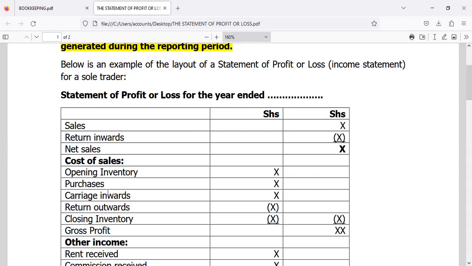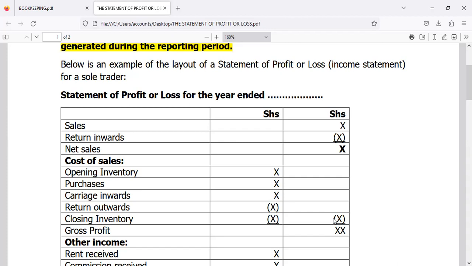You're returning out goods to the suppliers, meaning that our purchases figure has to reduce when we have the return outwards. That's why I'm showing this in brackets, because it will be deducted. Then you also have to list the closing inventory. That is the value of the unsold inventory at the end of the period. Then we add and subtract, then we come up with our cost of sales figure, which we transfer to the second column.